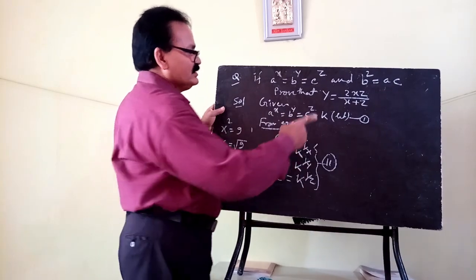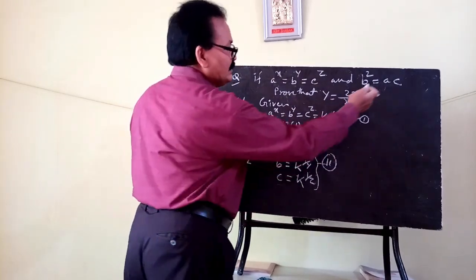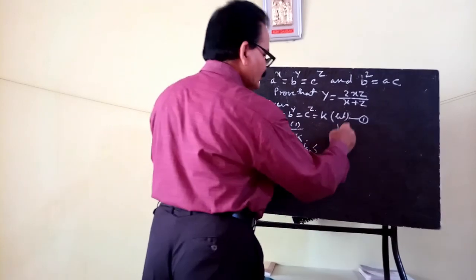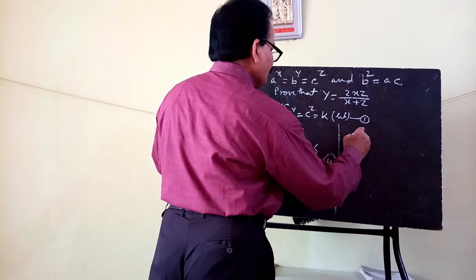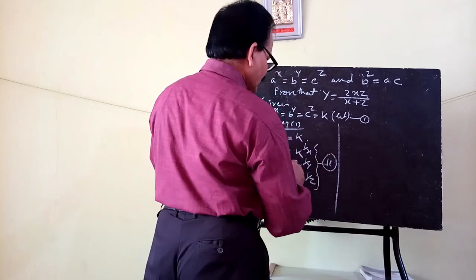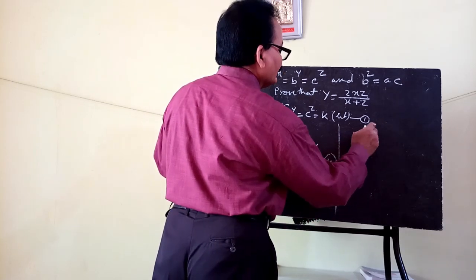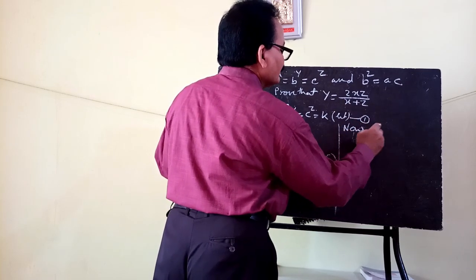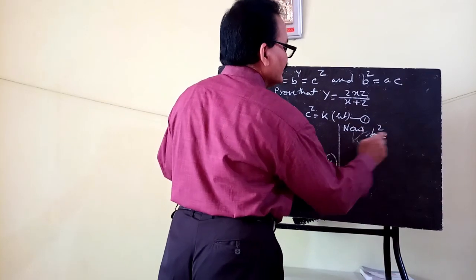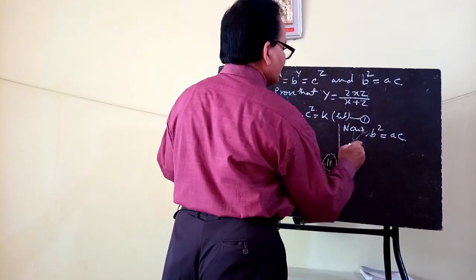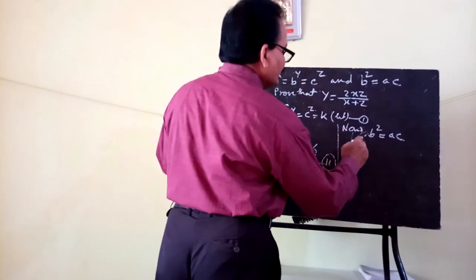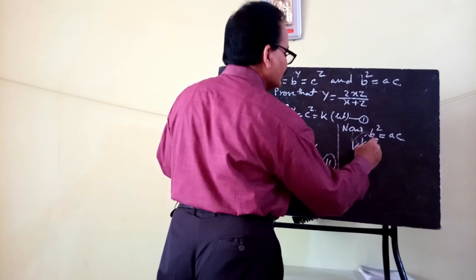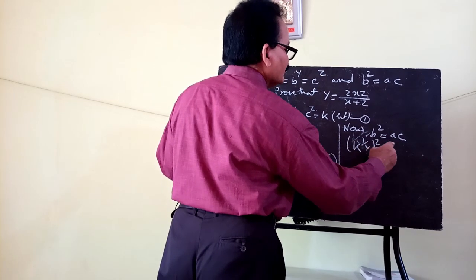Now you apply the values of a, b, c in the equation b square equals ac. So you see, by putting the values, b square equals ac. Then by putting the values from equation 2, b is k to the power 1 by y, whole to the power 2.